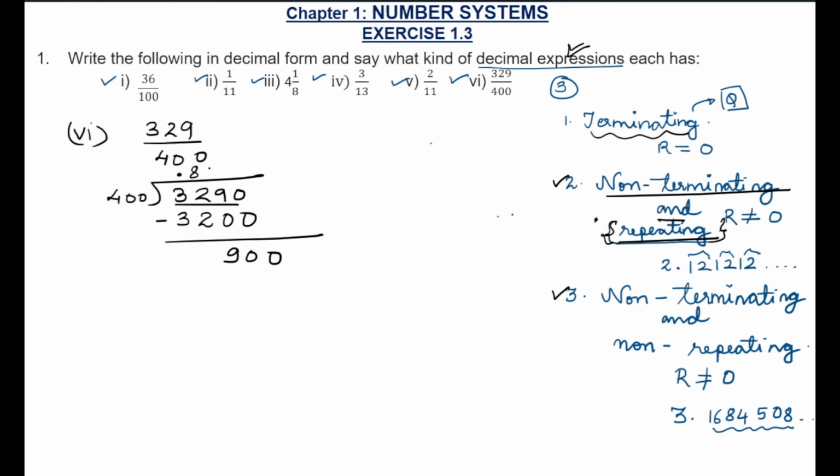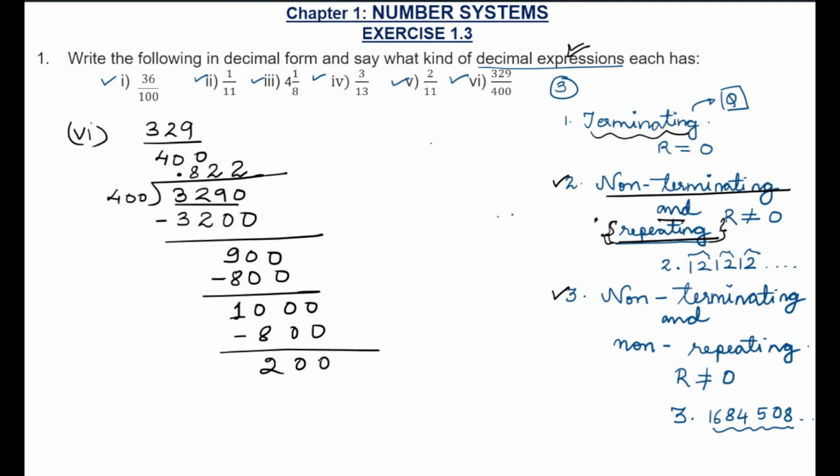And on dividing, 2 times you get here 800. Now it is 100. Add a 0, it is again 2 times 800, minus, you get here 200. Add a 0, 5 times it is 2000 and you are going to get the remainder as 0.